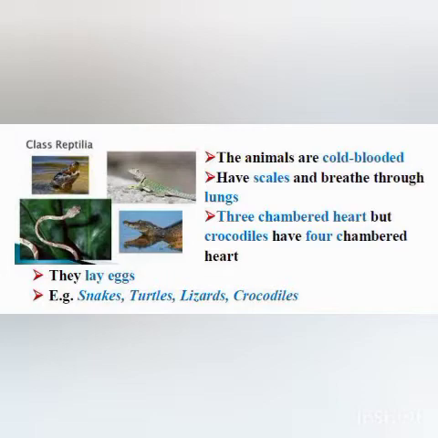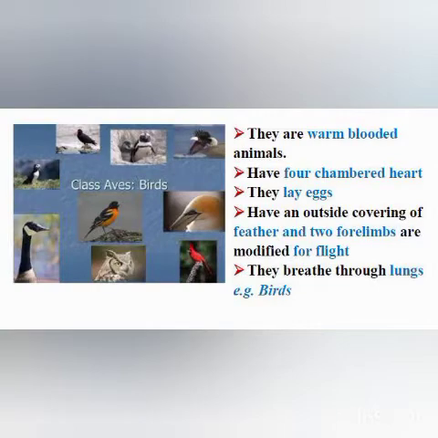Okay. Now we come to another class, that is class Aves. It includes birds. They are warm-blooded animals. Warm-blooded animals means their body temperature remains constant. It does not fluctuate with the change of the temperature in the environment.